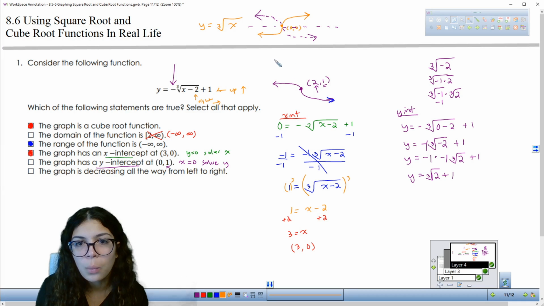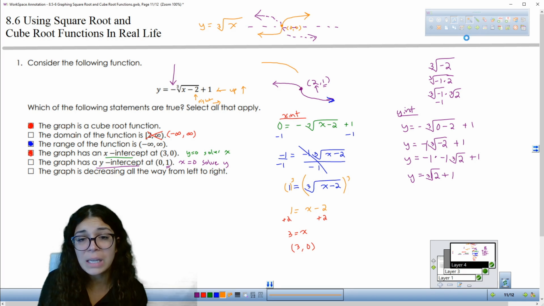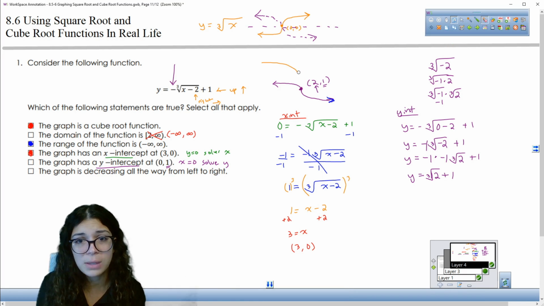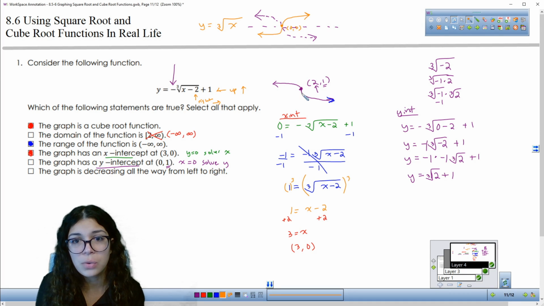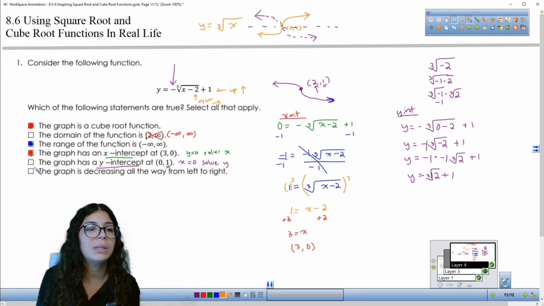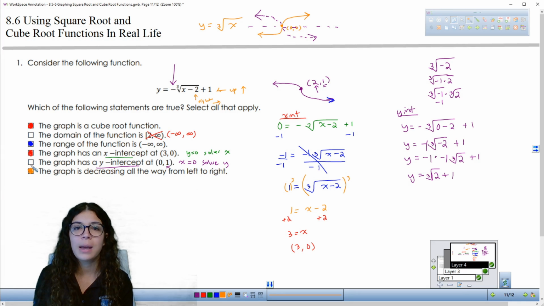Even here, where it's the top part, it's still getting smaller. So it is decreasing to the left of the center. And then to the right of the center, you could see that it is also continuing to go down. So this is correct. It does go down the entire time.